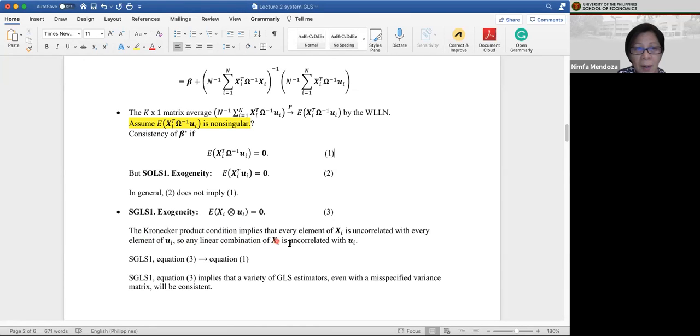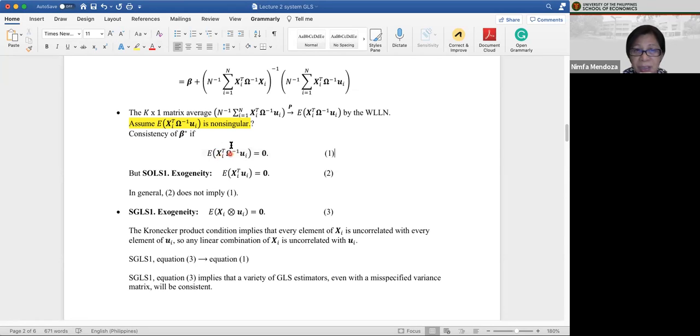The Kronecker product condition implies that every element of x sub I is uncorrelated with every element of U sub I. So any linear combination of x sub I is uncorrelated with U sub I. But if you look at X sub I transpose omega inverse, you are just forming linear combinations.